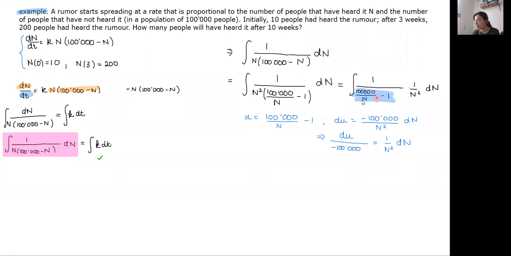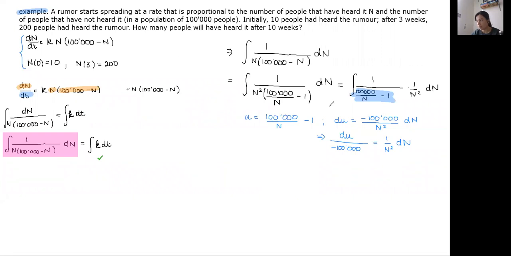That makes it easier for us to do this integration, because then we know that we can do the substitution using this denominator. And if we use this denominator, we'll be able to use the 1 over n squared dn in order to replace the derivative of the new variable u that I have. And so over here, all that I'm doing is to actually formalize that substitution. Does that make sense?